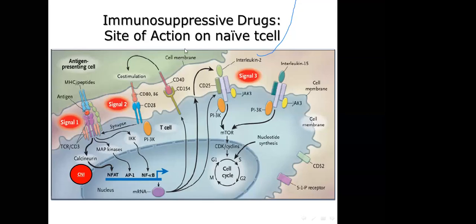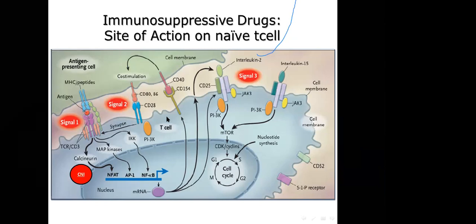Again, we have here the interleukin, which acts on its receptor, which is called CD25, and we have the mTOR signal and the metabolism of the cells to start to proliferate. So this is the side of drugs. We have the calcineurin inhibitor, which targets signal 1.